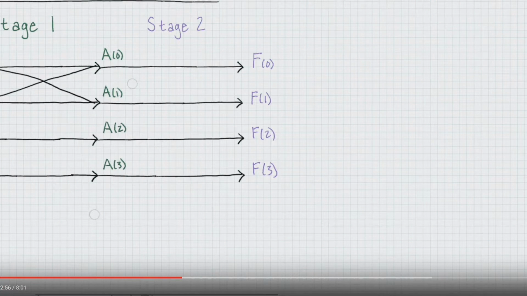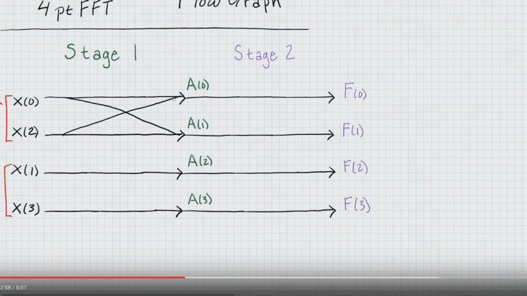I'm going to zoom in so I can write my twiddle factors in nicely. It's going to be W of 2, 0. Then for our A of 1, it'll be W of 2, 1, just like we did in our last video.